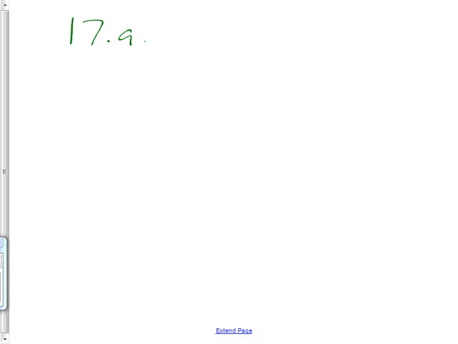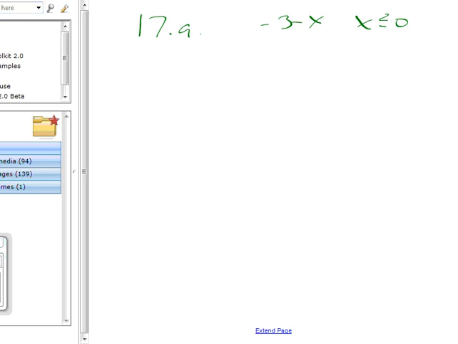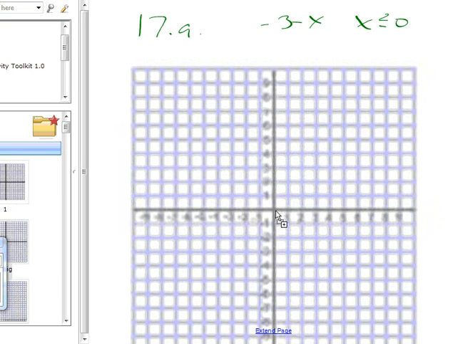It's negative 3 minus x, and that's only where x is less than or equal to 0. So if I'm on my graph, I'm going to pull up a graph here. My content, pictures, there's a graph.